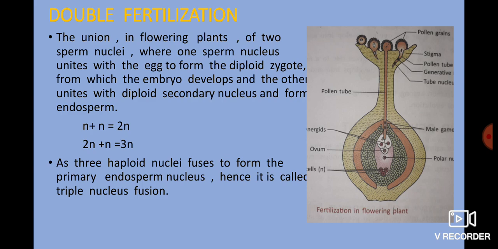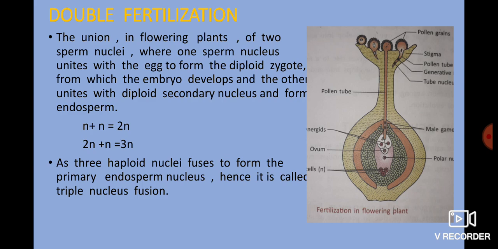One male gamete will fuse with one female gamete, resulting in the production of a diploid zygote, and one male gamete will still be left, so that male gamete will fuse with the definitive nucleus, which will result in the formation of the endosperm, which will be 3n in nature. As 3 haploid nuclei fuse to form the primary endosperm nucleus, it is called triple fusion.